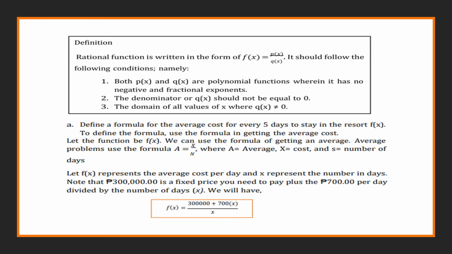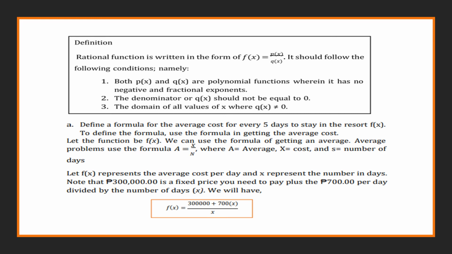So, in this problem, we'll just simply represent it using a rational function. So, define a formula for the average cost for every 5 days to stay in the resort f of x. So, let f of x represent the average cost per day and x represent the number in days.